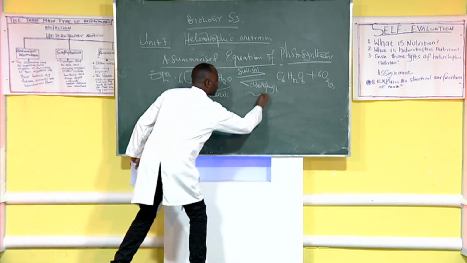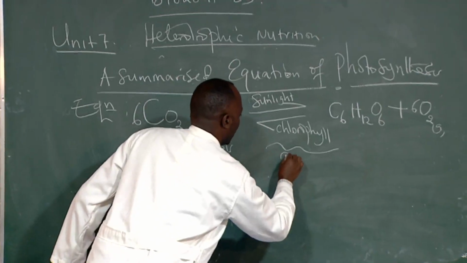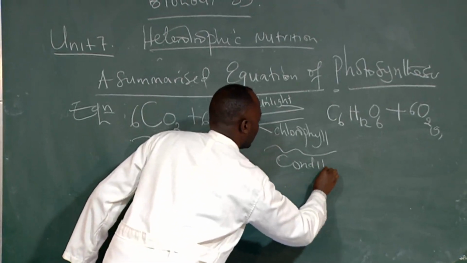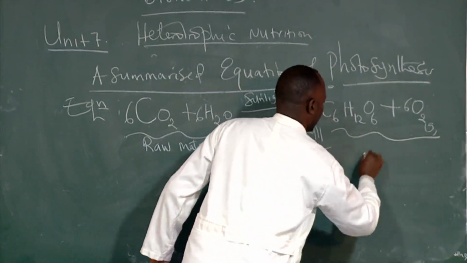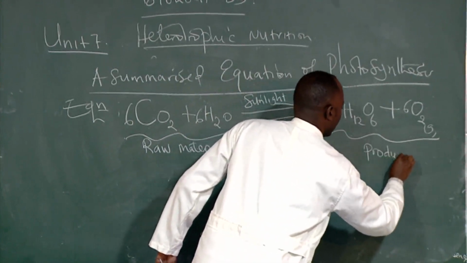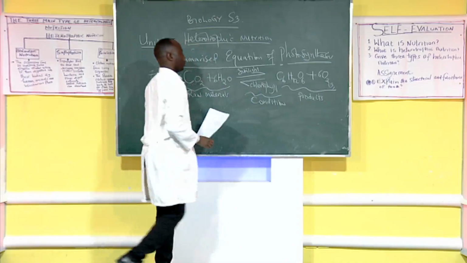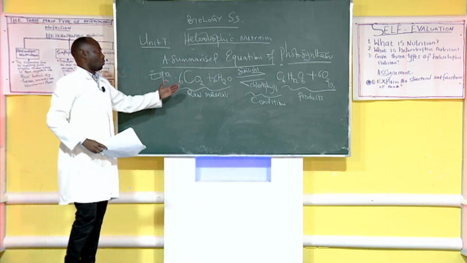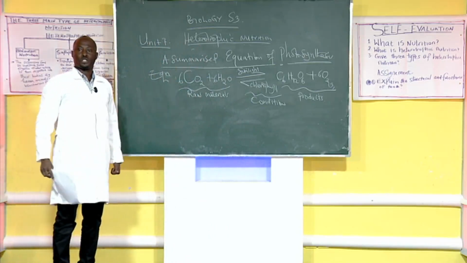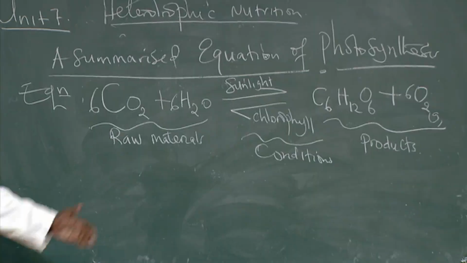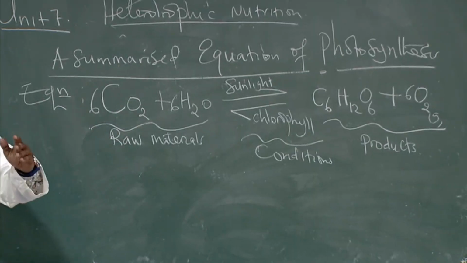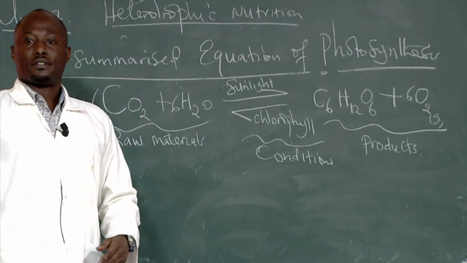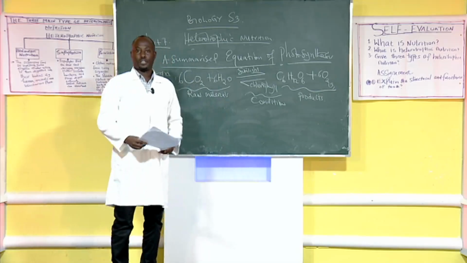These are the conditions. And these are the products. Students, what is the use of oxygen produced by the plants? Nice. It is used in respiration.